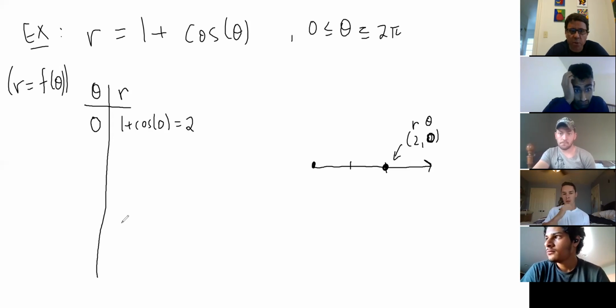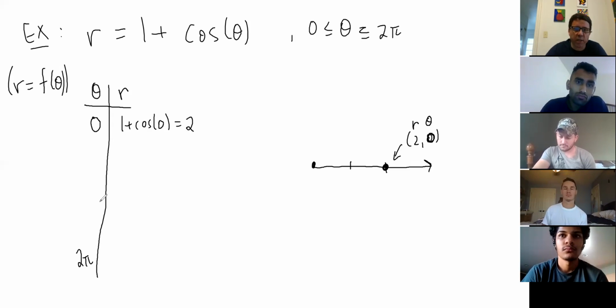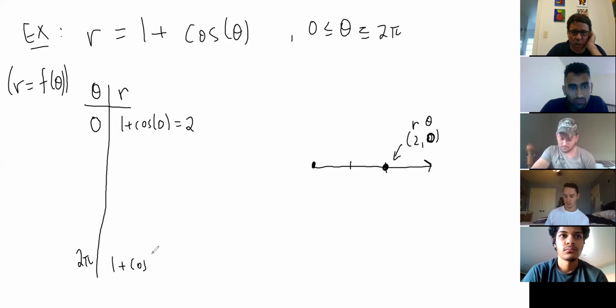Okay, well, let's plot the ending point, 2 pi, and then we'll fill in values in between, just like we normally do. If I plug 2 pi into my function, I get 1 plus cosine of 2 pi. And the cosine of 2 pi, the cosine of 360 degrees, is also equal to 1. So 1 plus 1, I get 2. And now where is 2 pi?